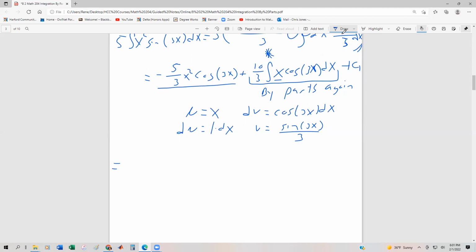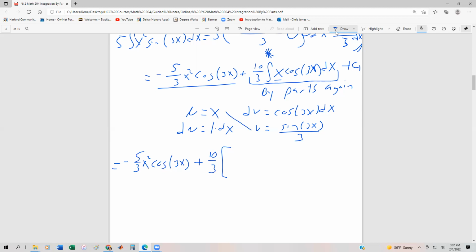So we're going to get negative 5 thirds x squared cos 3x plus, now I'm going to have the 10 thirds that I started with, all right? So that's going to get multiplied through. We're going to multiply by the uv minus integral of v du.